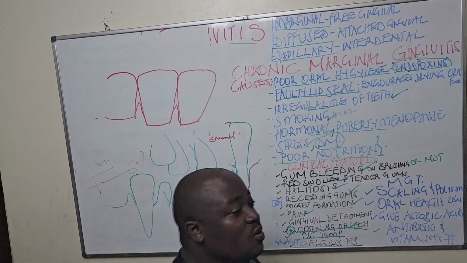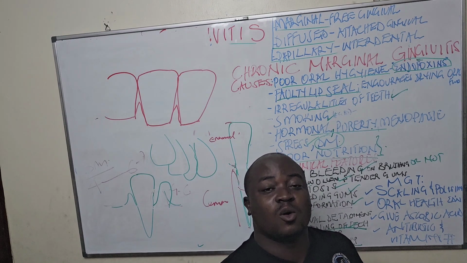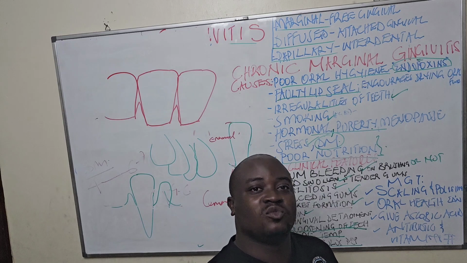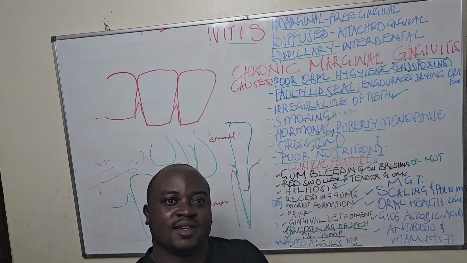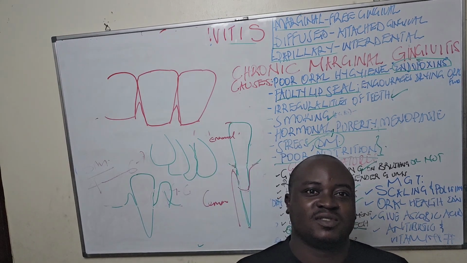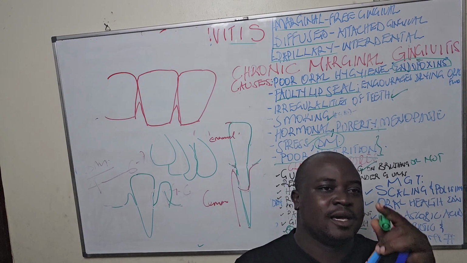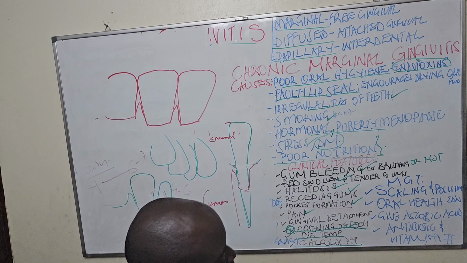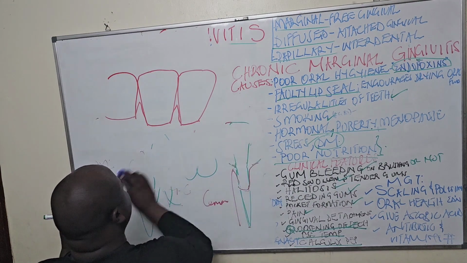So what can we do as a management of chronic marginal gingivitis? We have to do what we call scaling. We can call it cleaning of the oral cavity, but scaling and polishing. What is scaling and polishing?